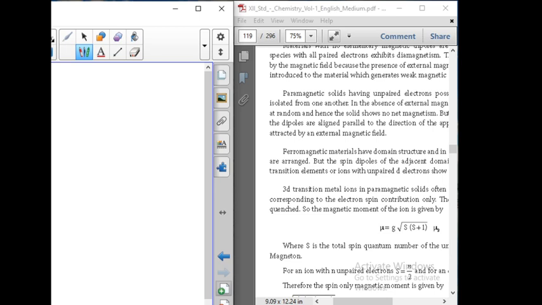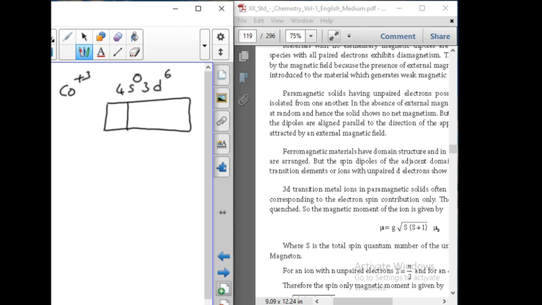One more example. Calculate the magnetic moment of cobalt plus 3. Cobalt has atomic number 27 and electron configuration 4s2 3d7. For cobalt plus 3, three electrons are lost, so the configuration is 4s0 3d6.